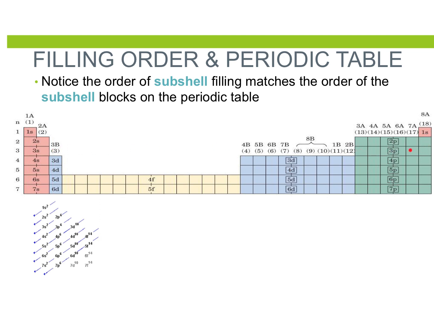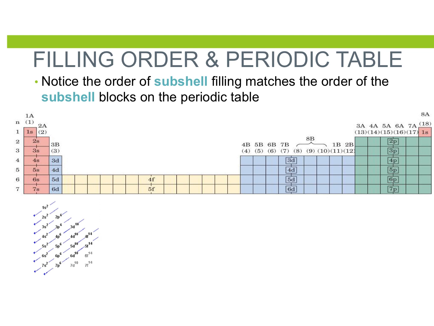Then we go to 3p6, 4s2. Then we have our 3d10, 4p6. Then we have 5s2, 4d10, 5p6. We can do 6s2. Then I would go 4f14, then 5d10, then 6p6, and so on.